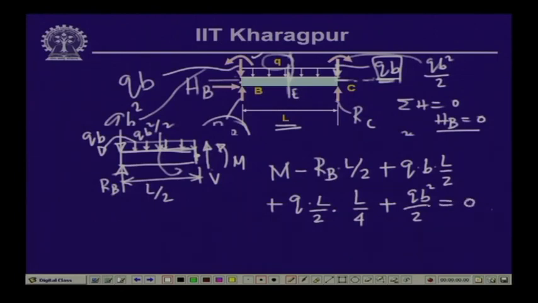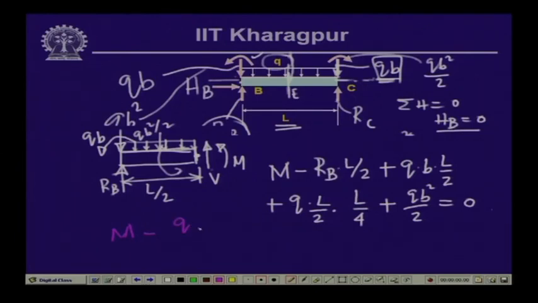Now, we have seen the value of R b is equal to Q b plus Q L by 2. So, if we substitute that, then we get the value of M minus R b, which is Q b plus Q L by 2, multiplied by L by 2.